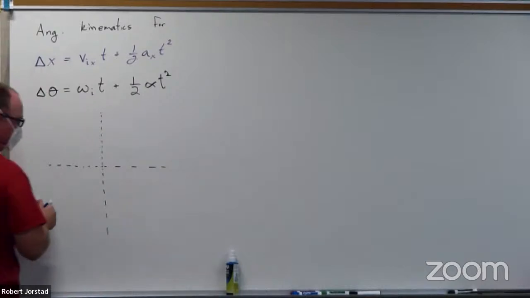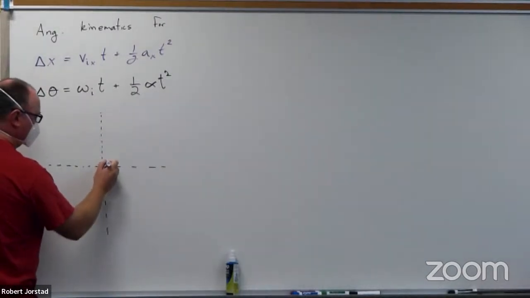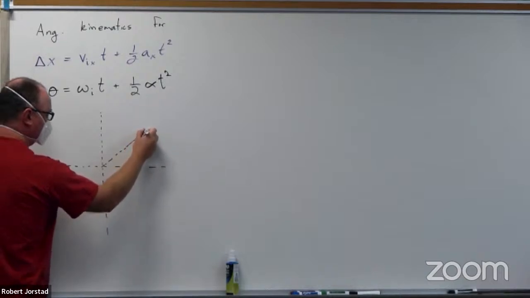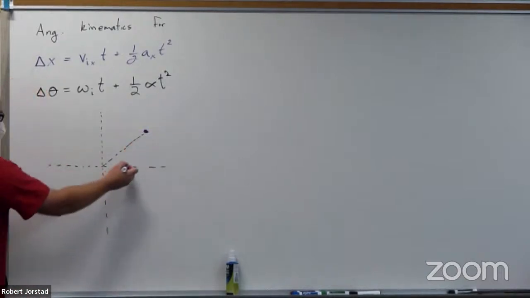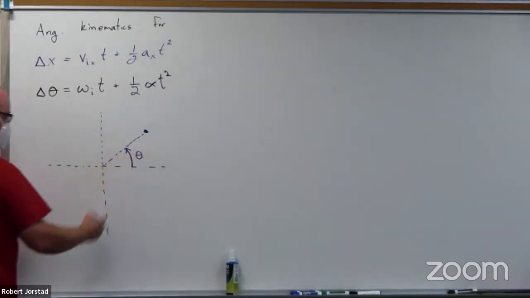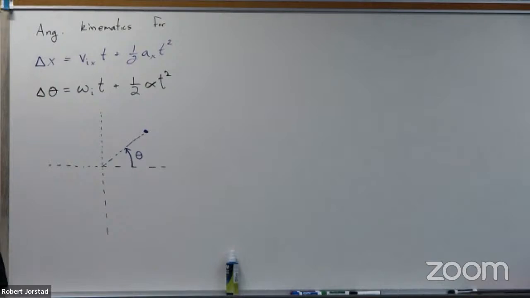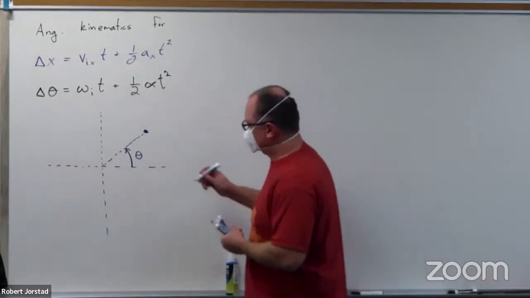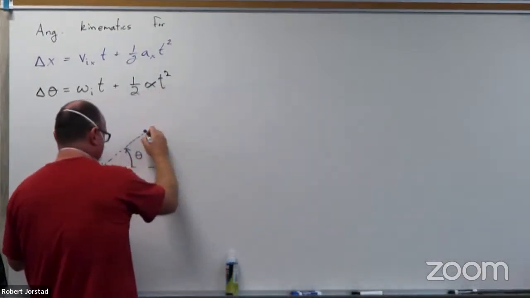Imagine we have some particle here, and it's rotating some angle theta. Okay, so it's moving in circular motion. In that case, let me see if I can draw this pretty well here.